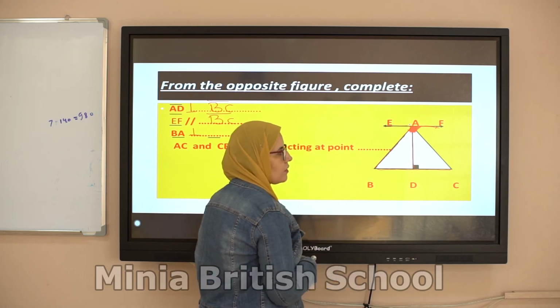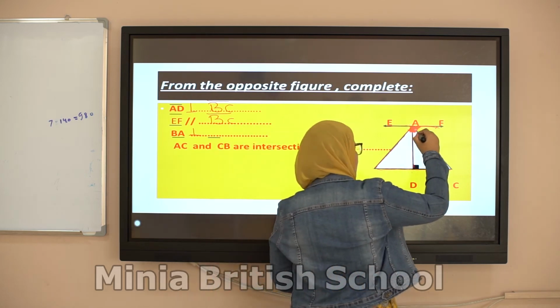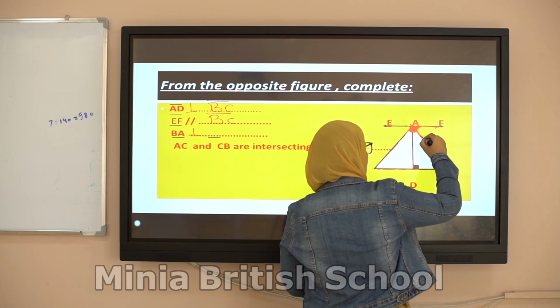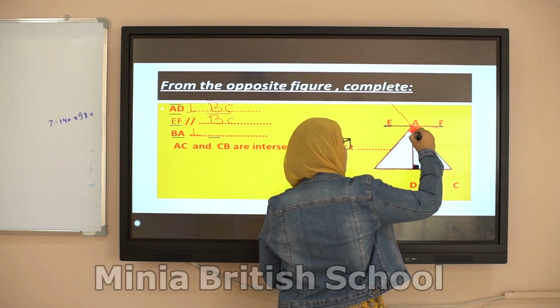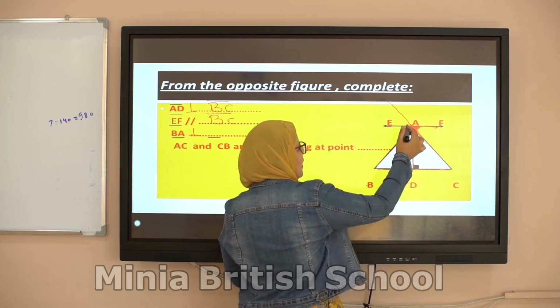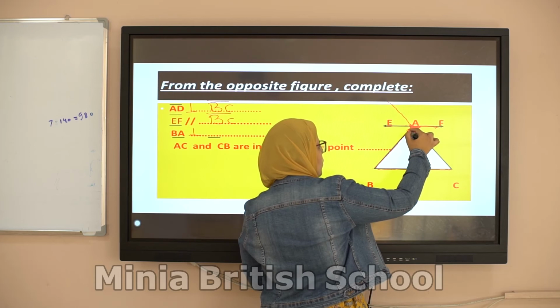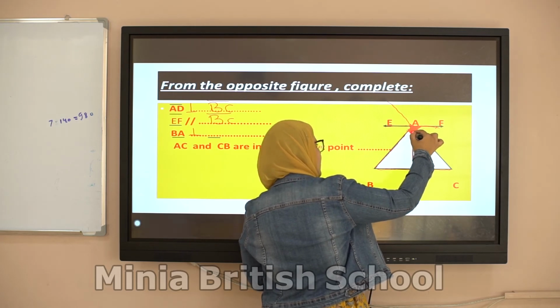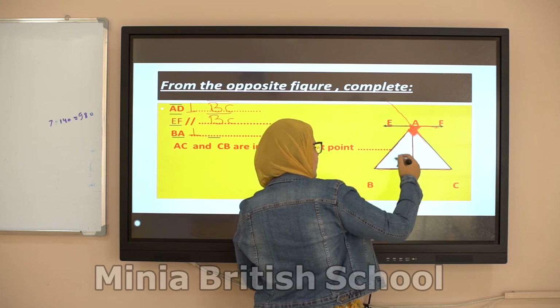Yes, who can think? Actually, it's perpendicular on this side. If you extend this, you will see that BA is perpendicular on what? CA. So the square must be like this. The square must be like what?